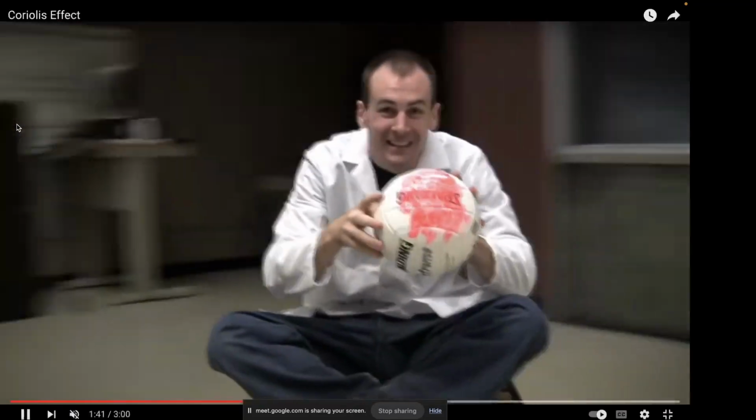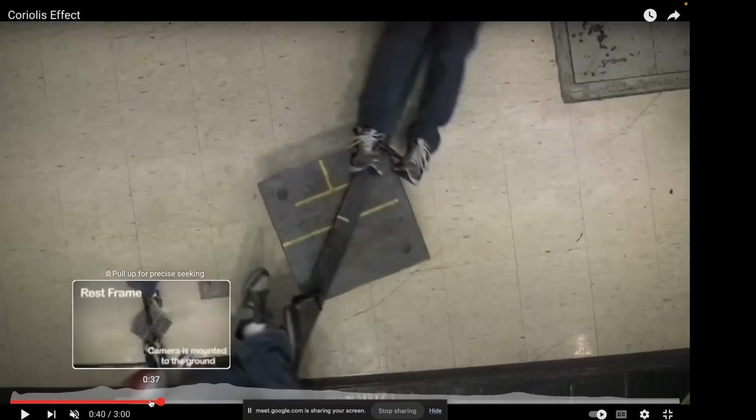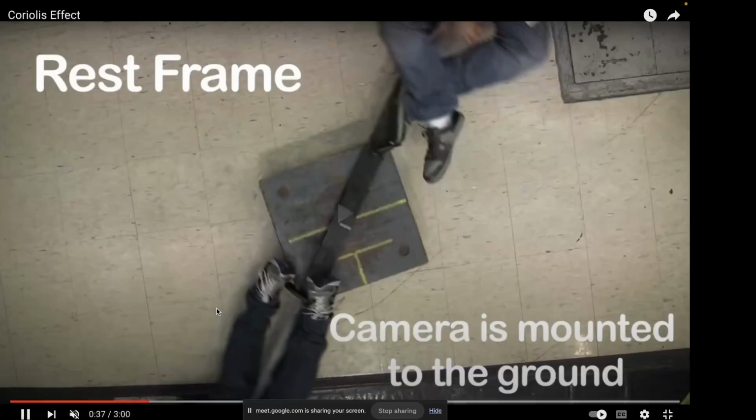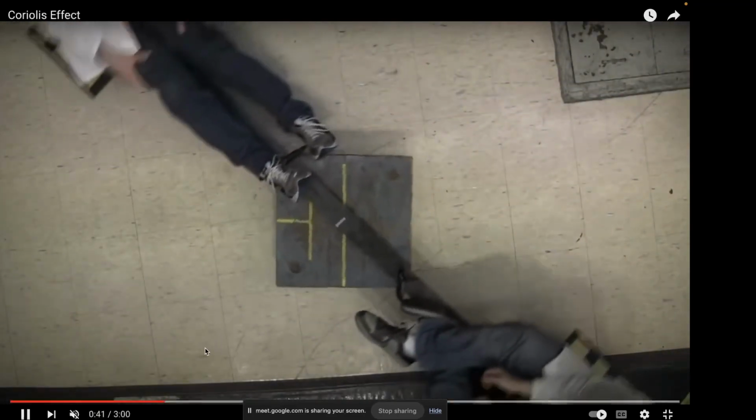In order to explain why this is happening in the rotating frame, you need to account for it by adding a certain force which takes care of this deviation, because the velocity which that person is giving, which you saw here in the rest frame, is as he's trying to keep it as straight as possible.